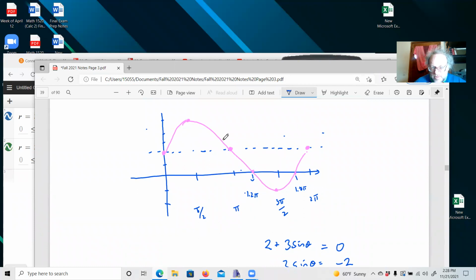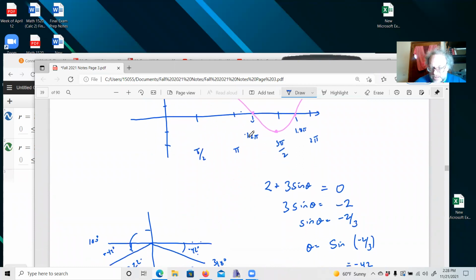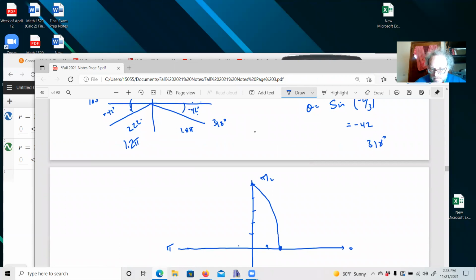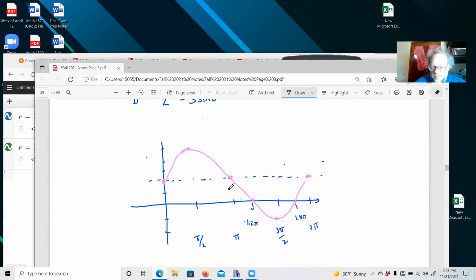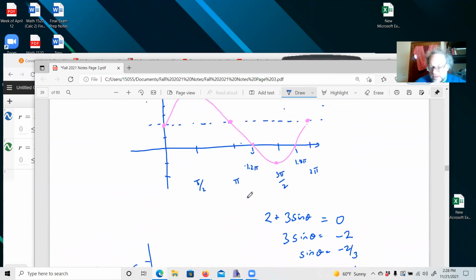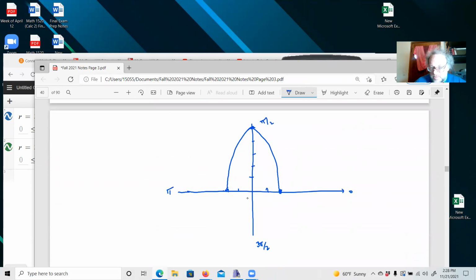Then between pi over 2 and pi, it comes back down to 2. Now, when it sweeps between pi and 1.2 pi, we'll call this 1.2 pi as an angle, it's going to come in and hit the axis.